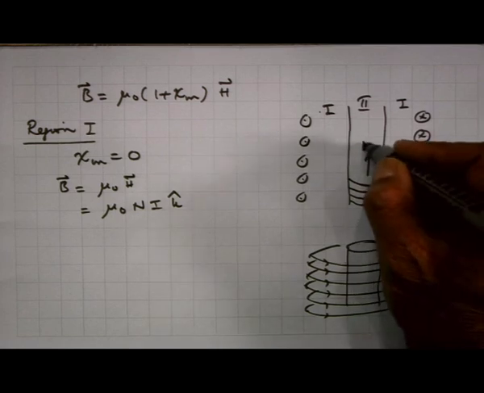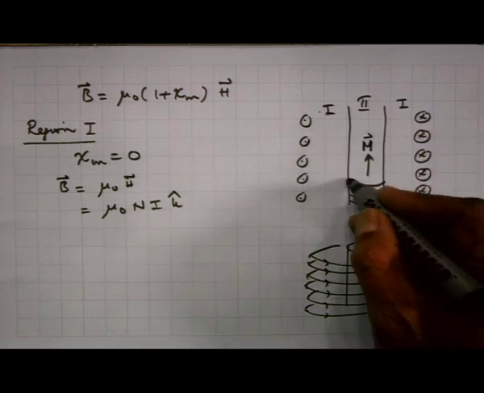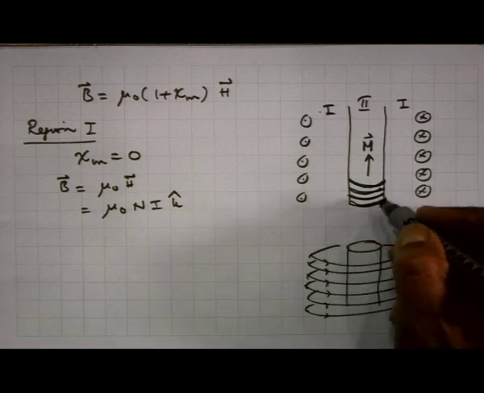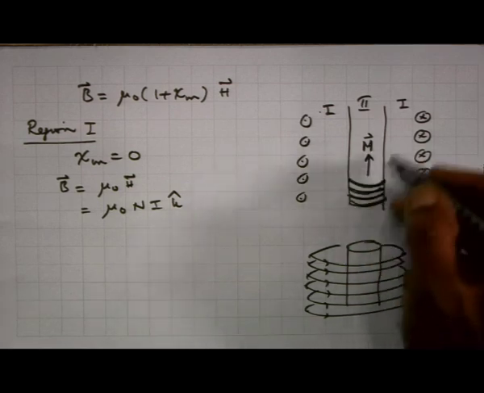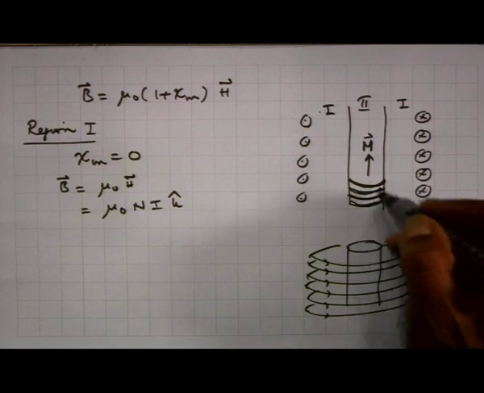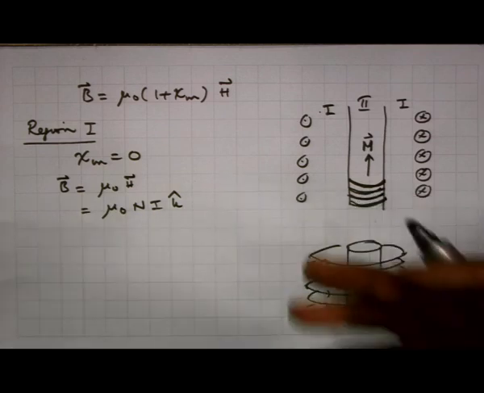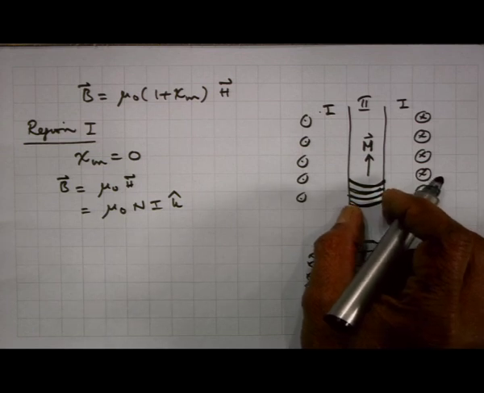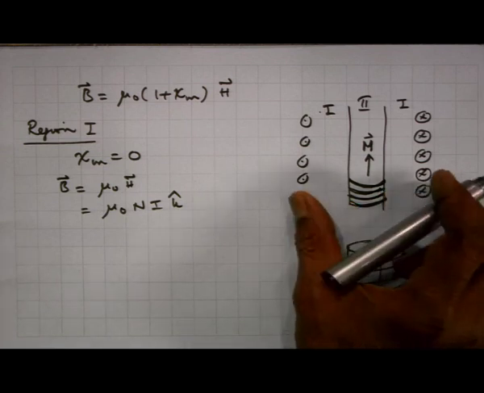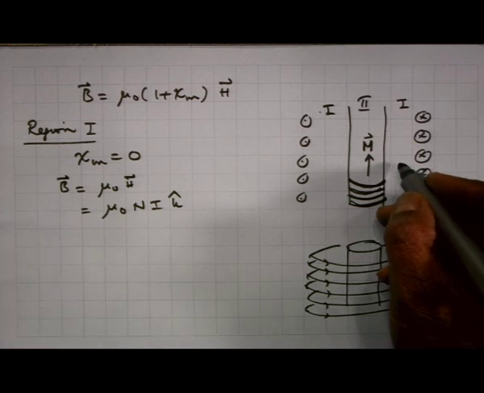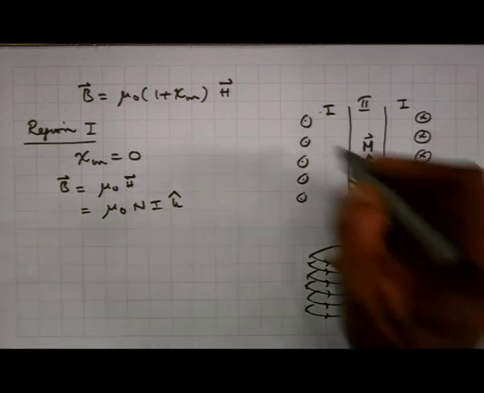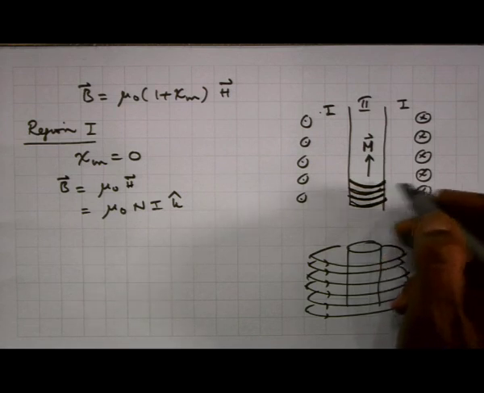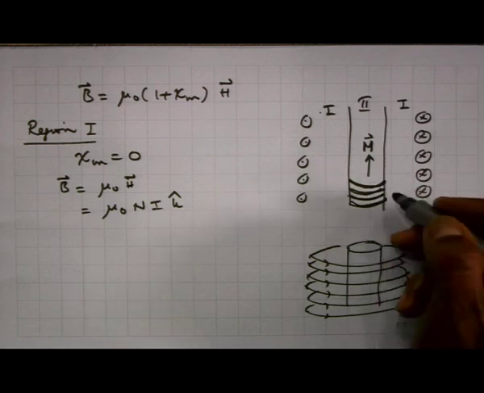This magnetization is effectively equivalent to a surface current on the surface of this material, which is going like this. This surface current is equivalent to a solenoid of this dimension, and this solenoid does not produce a magnetic field outside its dimension, and so the magnetic field here is primarily generated only by these currents and not by these currents. And so the magnetic field here is the same as if there was no material.